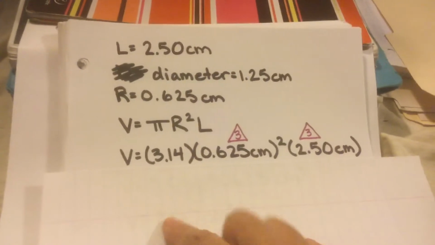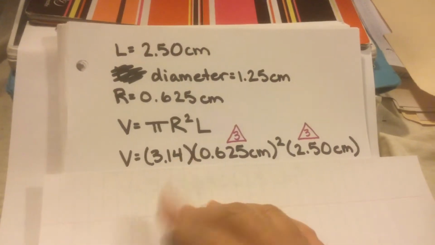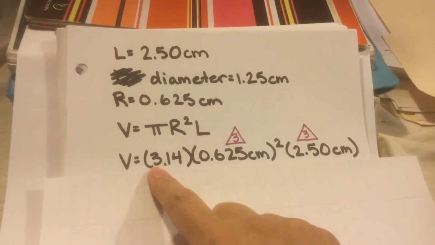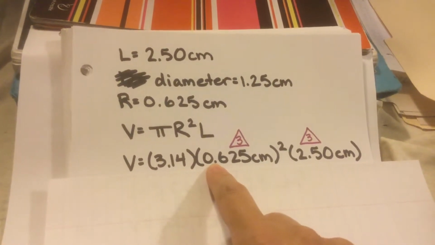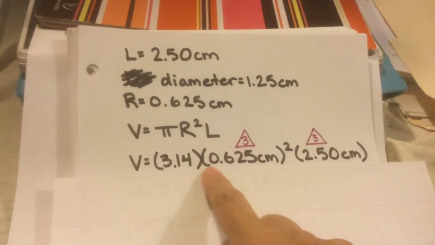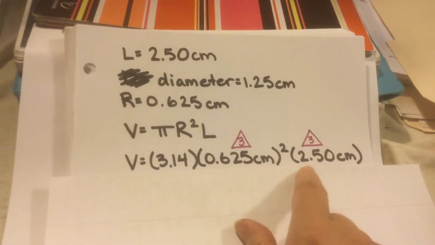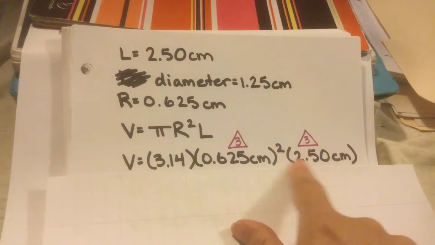So when I put this in my calculator, I don't have a scientific calculator, I literally put in 3.14 times 0.625 times 0.625 times 2.50.